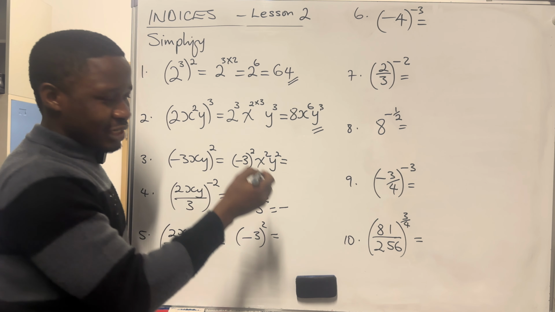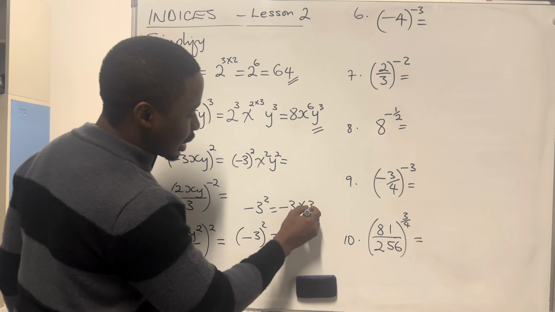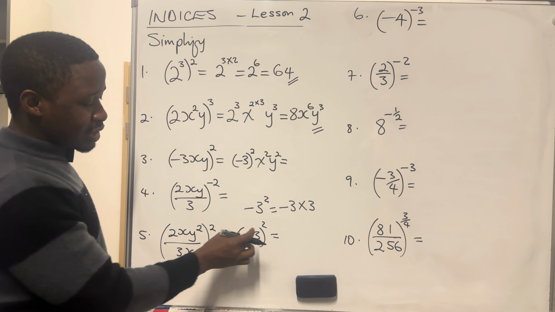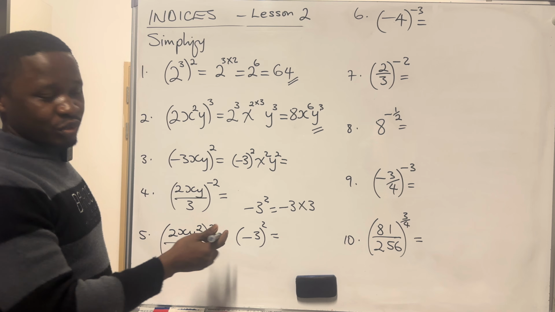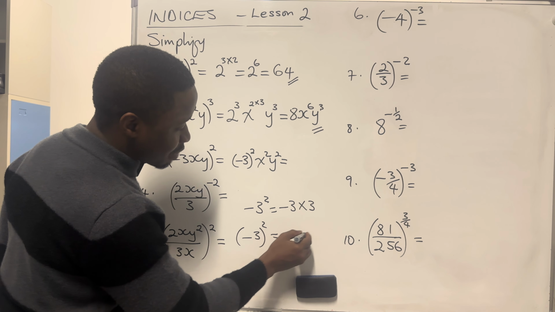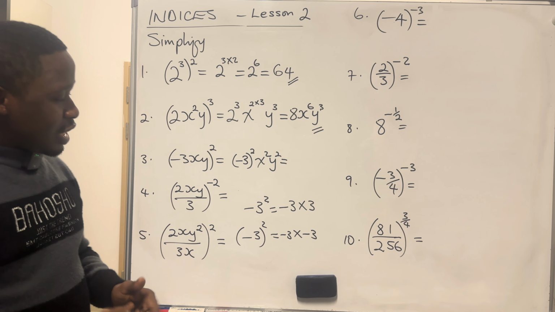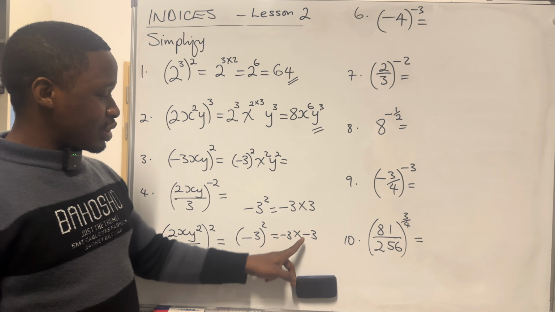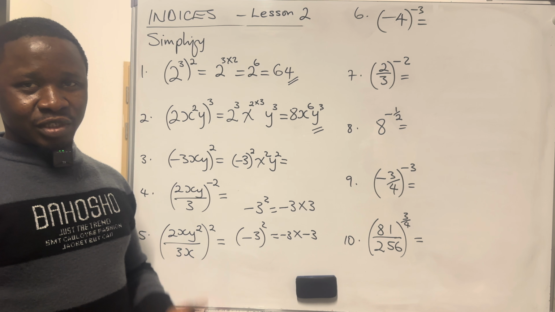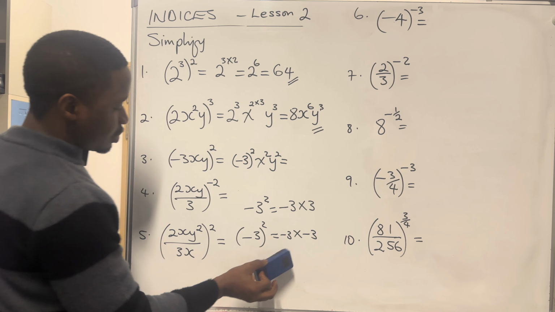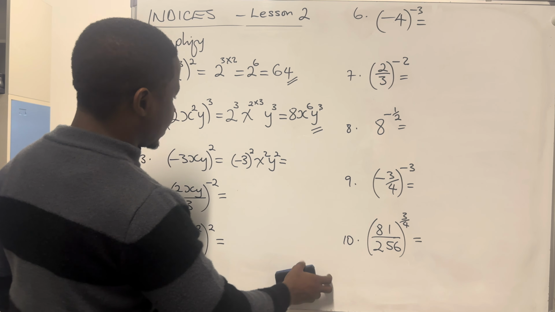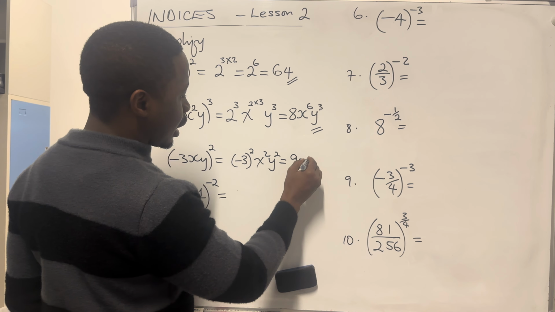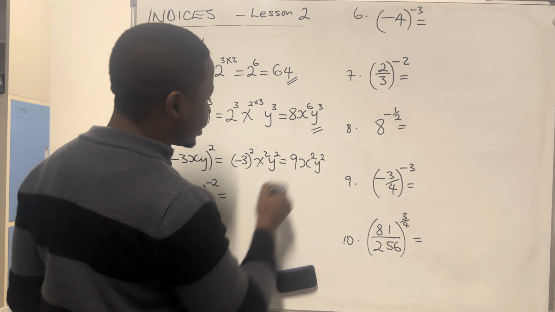Only the 3 repeats. 3 times 3. Here, both the minus and the 3 repeat because each is affected by the power 2. So minus 3 times minus 3. The reason this gives you positive 9 is because minus times minus is plus 9. This gives you minus 9. So you need to understand it. So minus 3 squared is 9, then x squared, y squared.